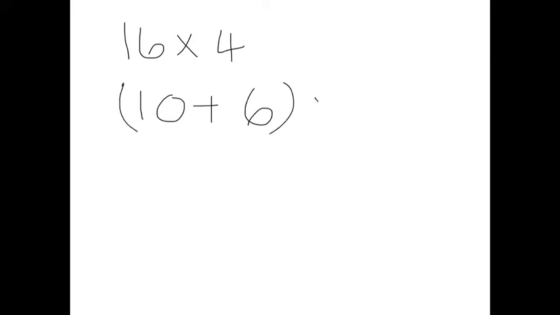If I gave you a problem such as this, 16 times 4, you would know that 16 is made out of a 10 and a 6, and that you would have to multiply both parts by 4. So we would first go 6 times 4, and we would get our answer.